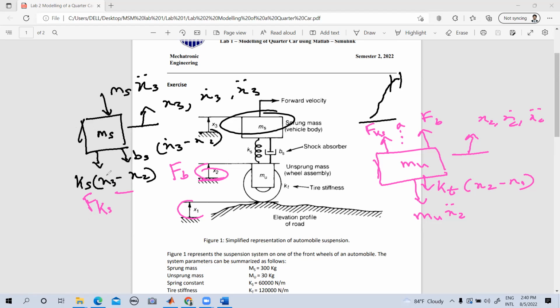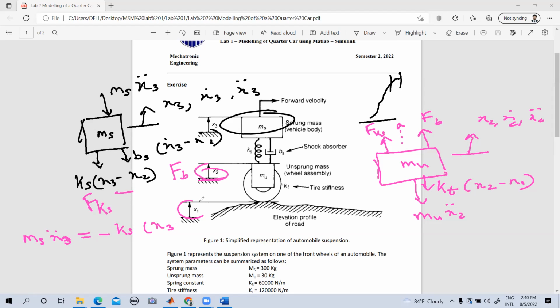I will assume this Ms x3, Ms x3 double dot is equal to these forces. We can assume these are acting opposite to the direction of this particular force. You can assume the other way around as well, it doesn't matter unless they have specifically mentioned.